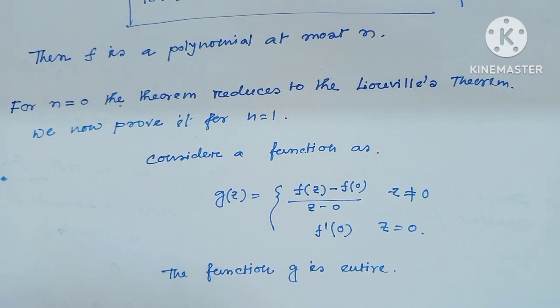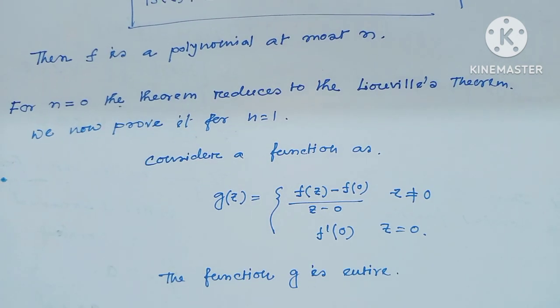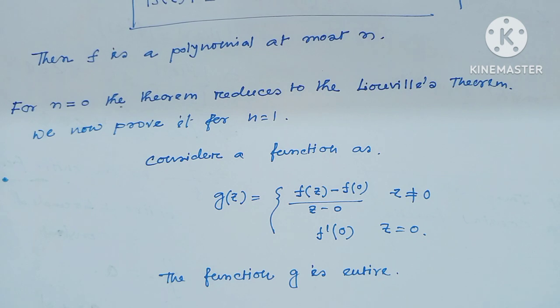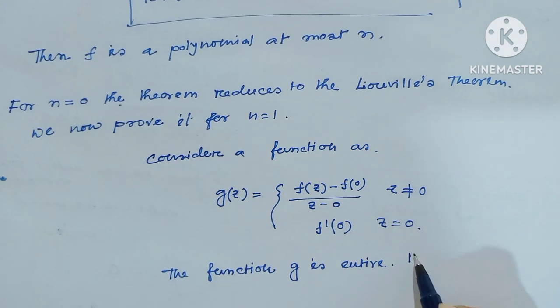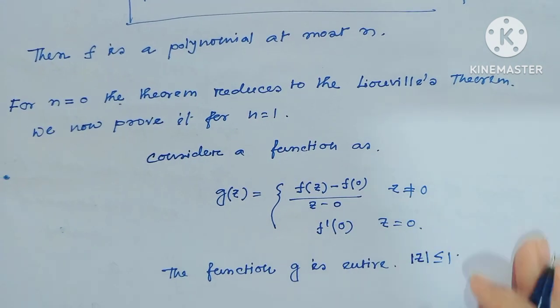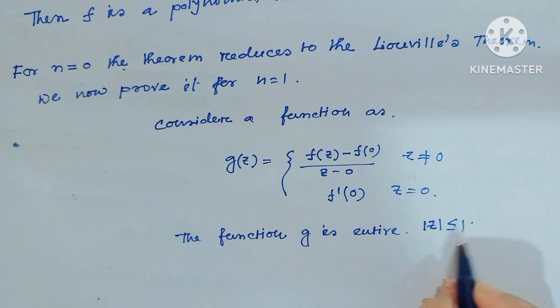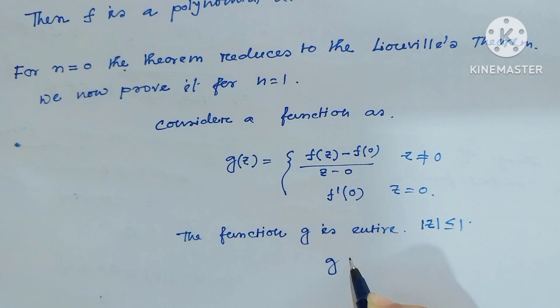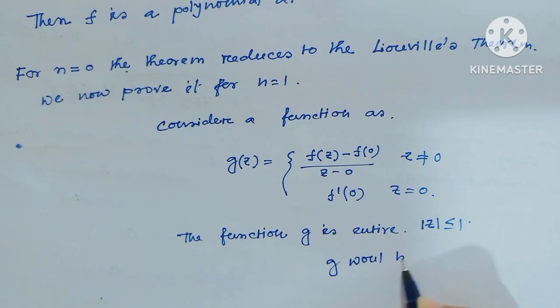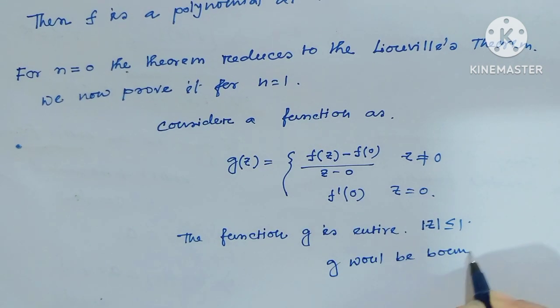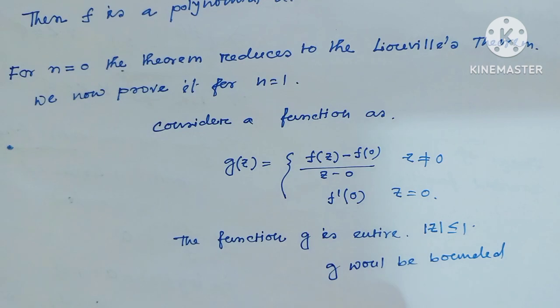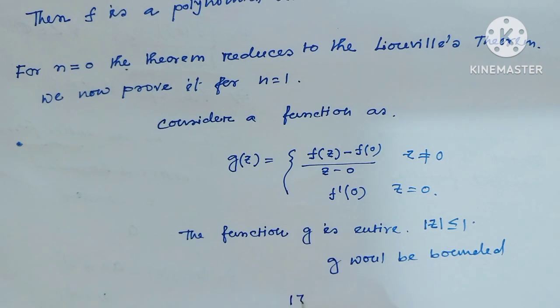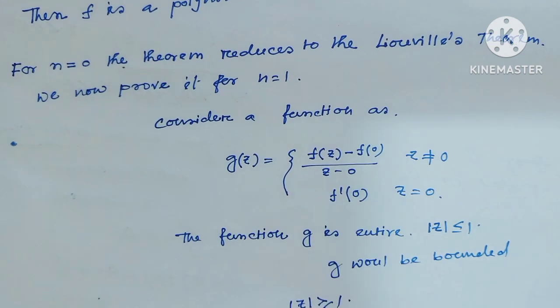And since g is entire, that means g is continuous. So, if we consider |z| less than or equal to 1, then in this compact set, since g is continuous, g would be bounded. Then consider |z| greater than or equal to 1.